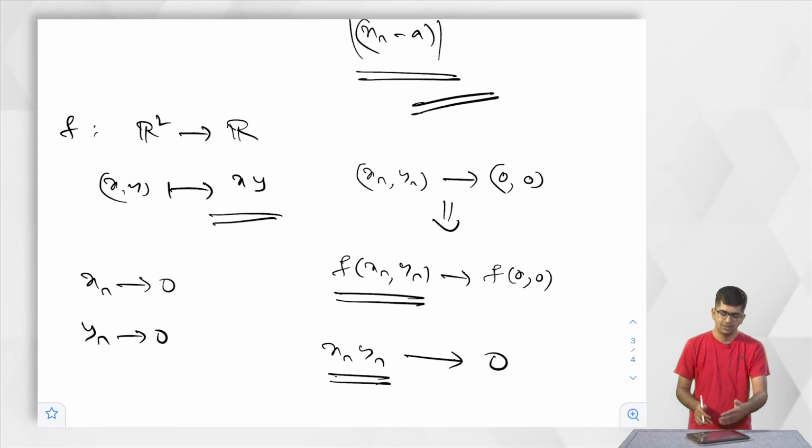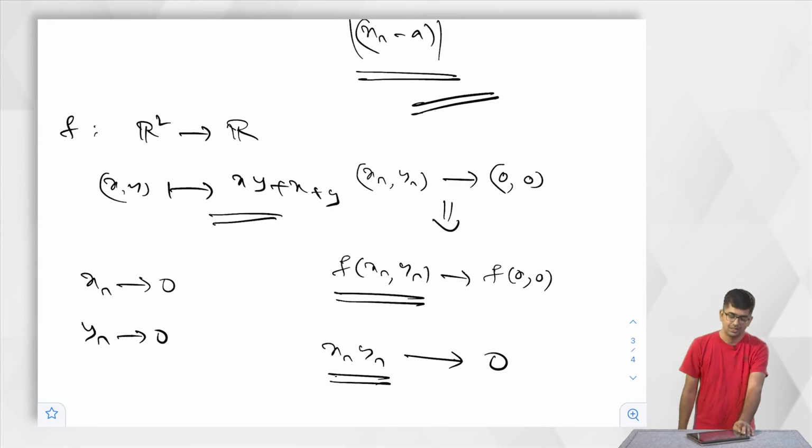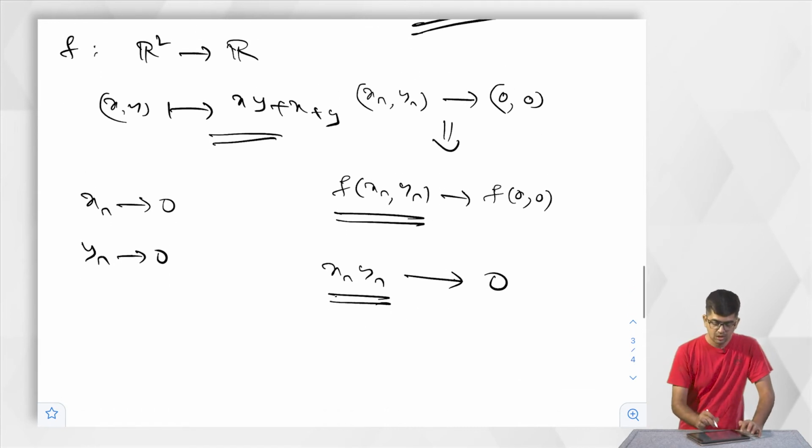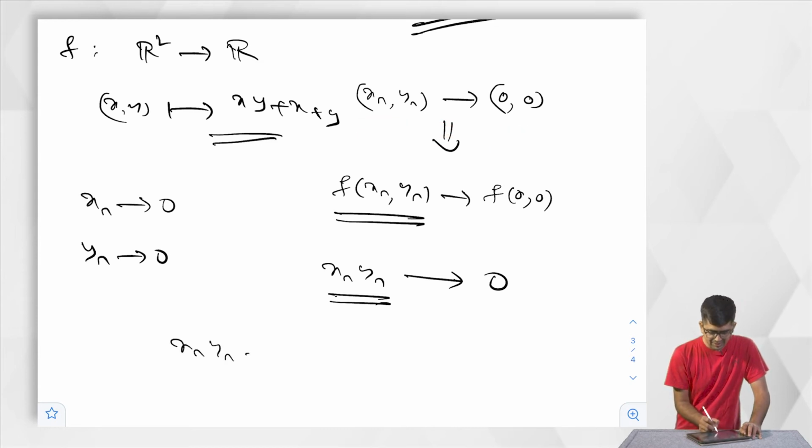One can go on extending this idea, maybe put an x here or a y here. Is it a continuous function? Now what we are supposed to check is the following. Suppose (xn, yn) goes to (0, 0). Now what is the corresponding image? Image is xn yn plus xn plus yn.